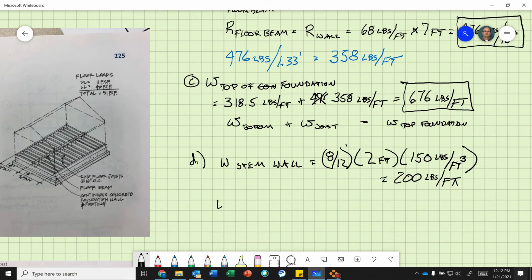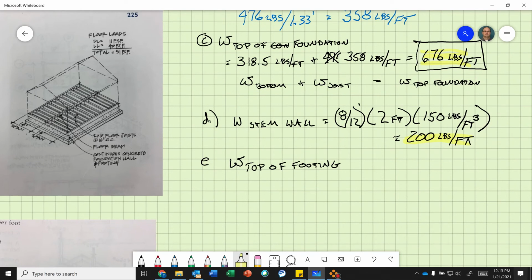That's how much that concrete wall weighs, 200 pounds per foot. Now, my line load, I just say W top of footing. So now we know the top of the foundation wall is right here. We gotta add the weight of the stem wall to get the total load on the top of our footing.